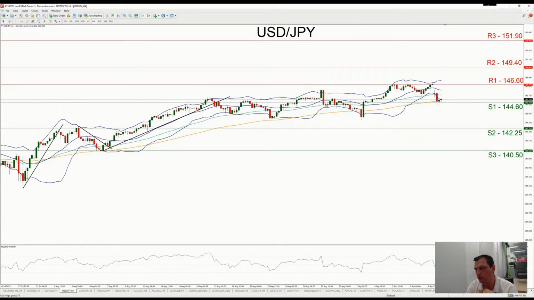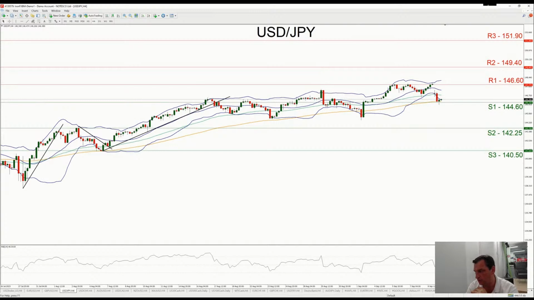At the same time, we note that the weakening of the US dollar allowed the pair to edge lower. I would be noting here, though, that despite the drop, the pair seems to have hit a floor at the S1 144.60. And in my opinion, the drop actually highlighted the potential for the sideways motion of the pair to continue between the R1 and the S1.